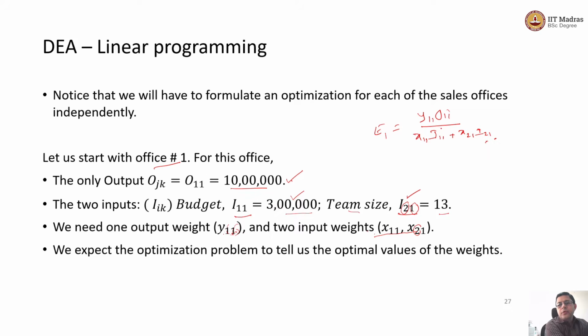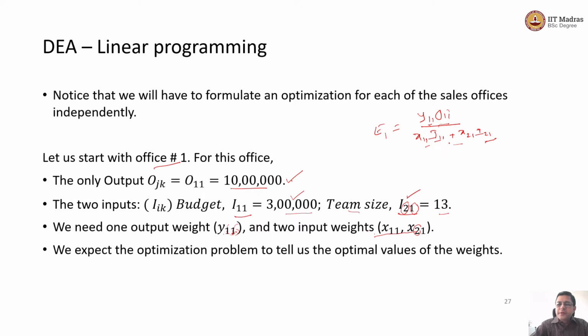However, I don't know the values of the weights, the X's and Y's, and those are essentially decision variables. Sales office is expecting that the optimization solution will tell us the weights for output as well as input. So let us formulate the problem.